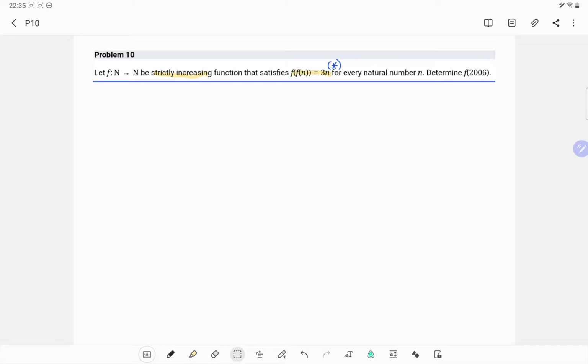And also, for the original functional equation, we have a double composite function on the left-hand side, so you should always try to get the triple composite function. For the original equation, let's take f on both sides so that we have f(f(f(n))) = f(3n).